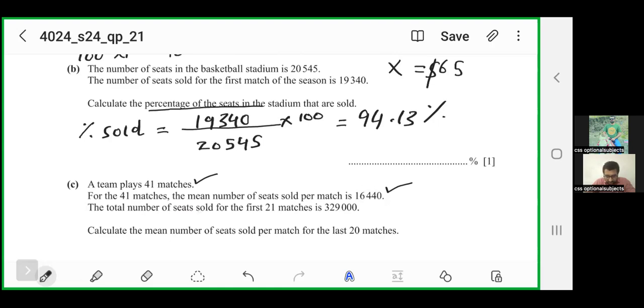The total number of seats sold for the first 21 matches is also given: 329,000 for the first 21 matches. Calculate the mean number of seats sold per match for the last 20 matches. This is a very good and simple question. In this question, you have to use the formula for mean twice.